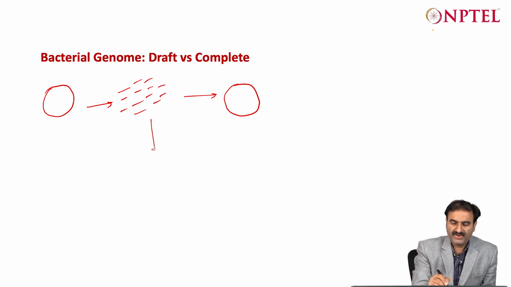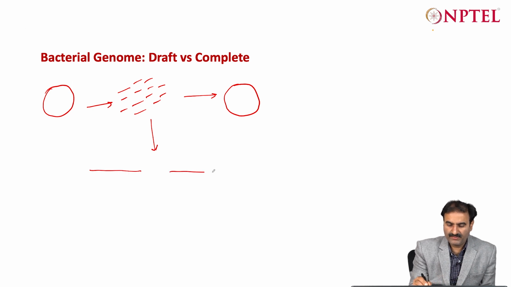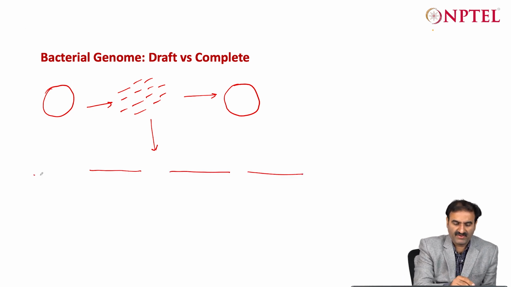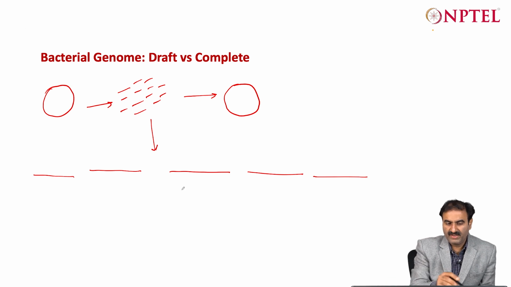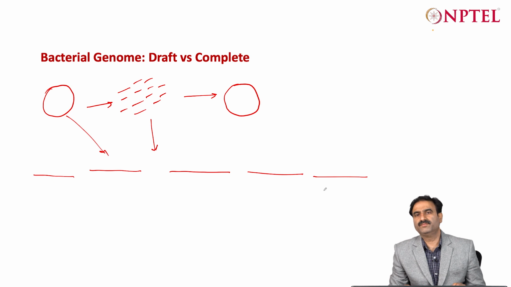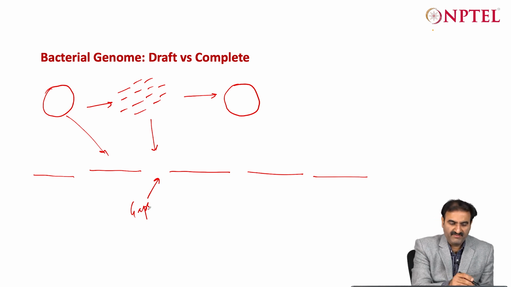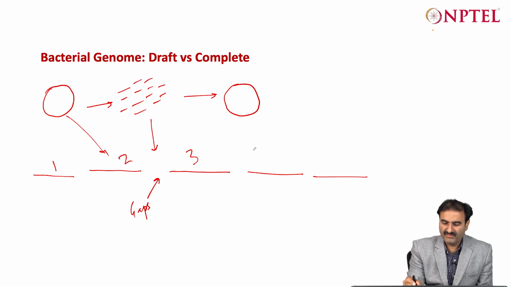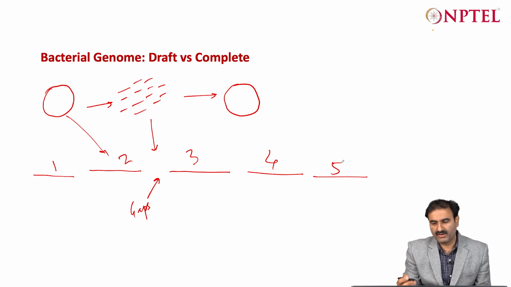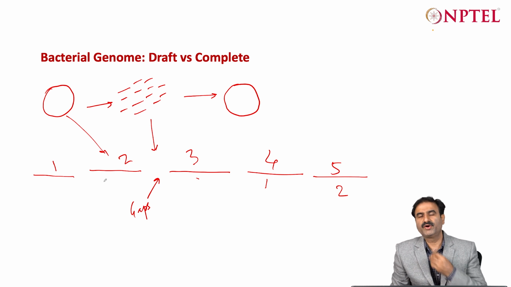However, most times you may not be able to do this, and you will have very long contigs or scaffolds, for example this genome is now in 5 pieces, right? So we do not know what is there in the gaps. Can we really number these as 1, 2, 3, 4, 5, or will they follow some other order? We also do not know the order of these contigs, right?